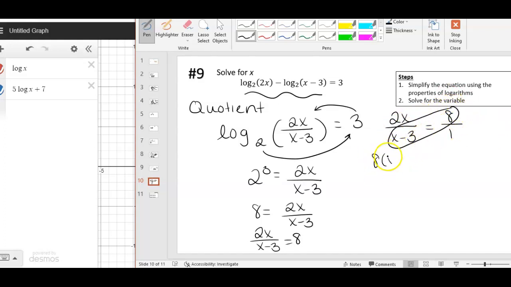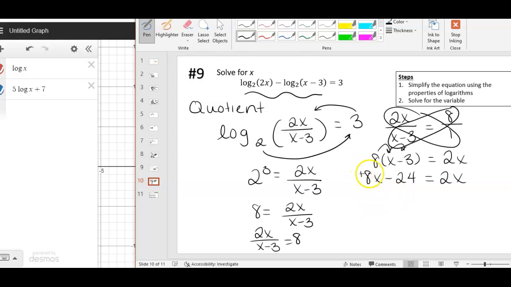So I get 8 times x minus 3 equals, and on the right side I have 2x times 1, which is just 2x. On the left side I need to distribute that 8, so I get 8x minus 24 equals 2x. Now I need to solve for x, so I'm going to gather all my variables on one side.